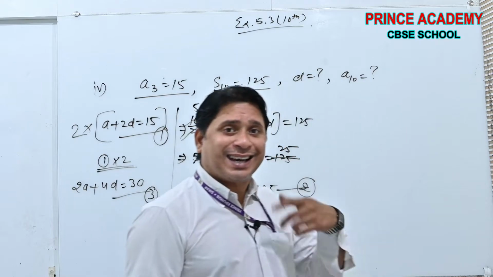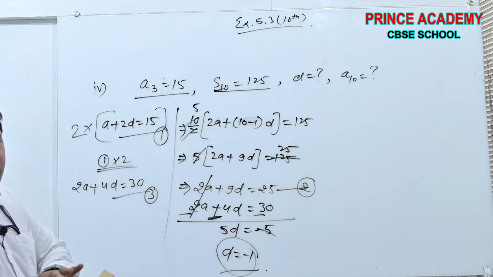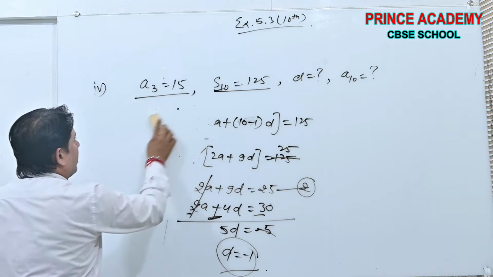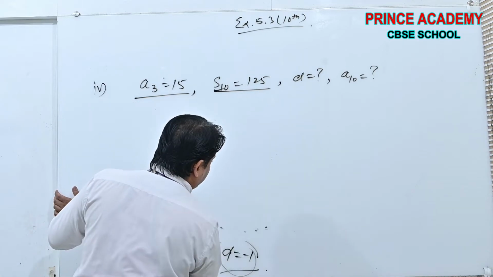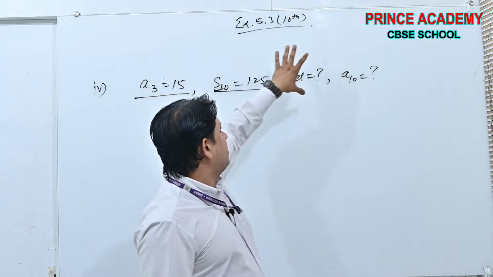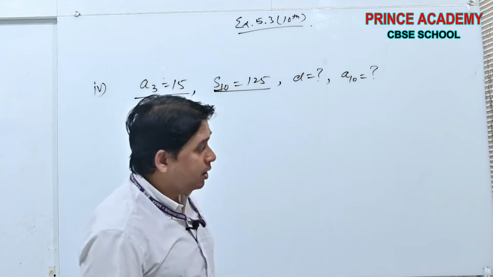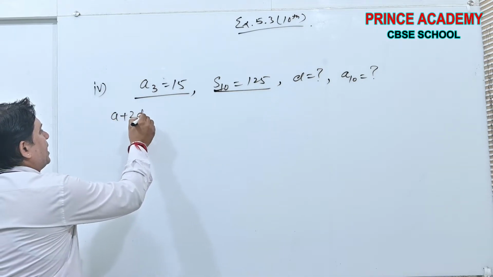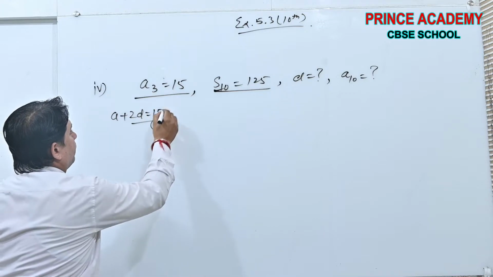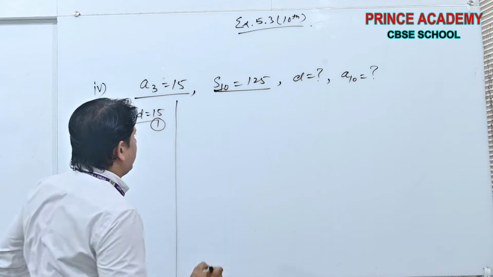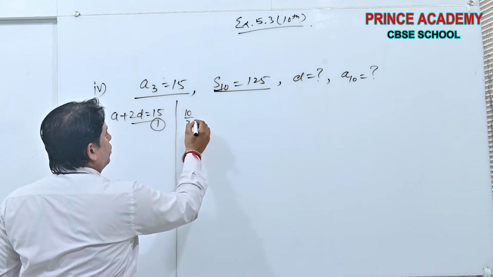Okay. See, once again I am repeating the same question beta, so that you can understand the concept. See, what is the question? This statement is given: A3, S10, and D and A10 are asked. A3 can be written as A plus 2D is equal to 15. Yes or no? Done. S10 is 125.